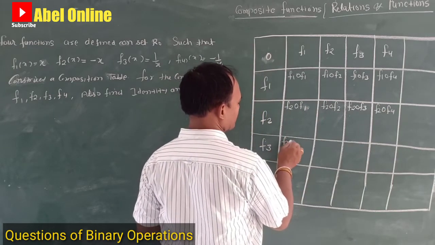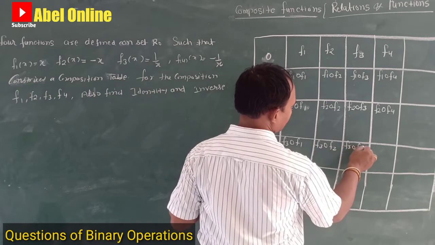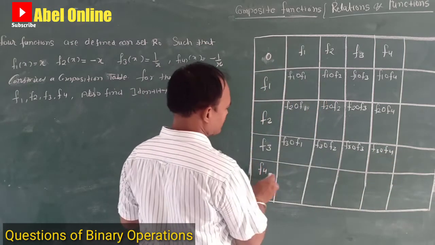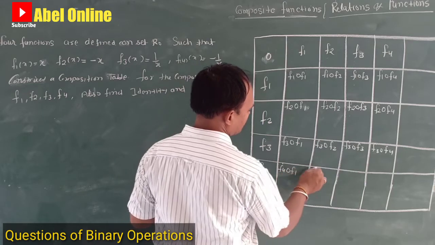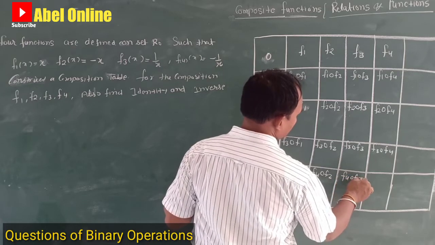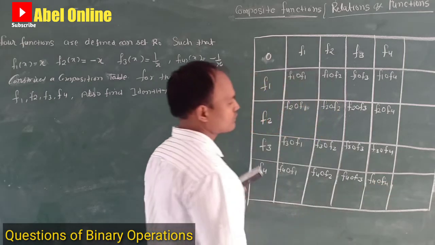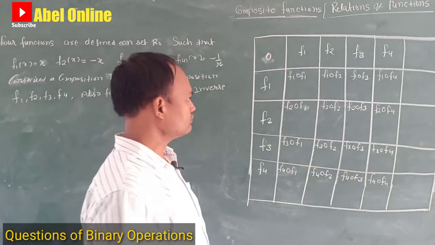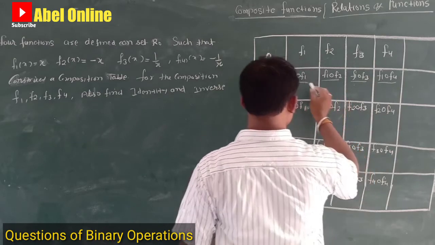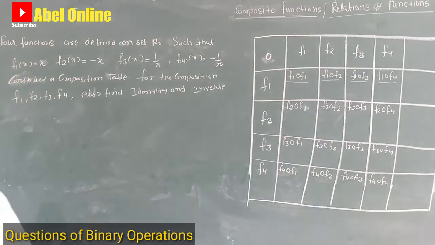Next one is f3 o f1, f3 o f2, f3 o f3, f3 o f4. Next one is f4 o f1, f4 o f2, f4 o f3, f4 o f4. So we have to find all the values like this, and create a composition table by this.